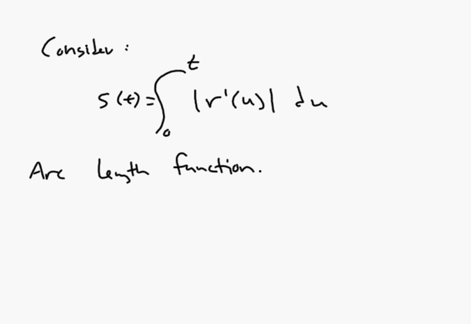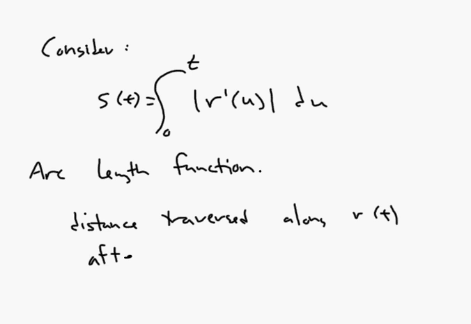Okay? So what this does is it tells us the amount of distance we've traversed along r of t after t units. I guess we'll just say of time. We'll just pretend t is time for now, which we usually do.